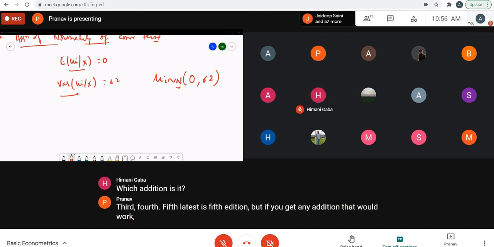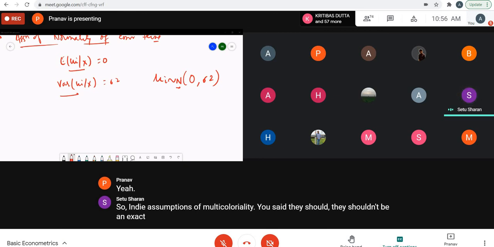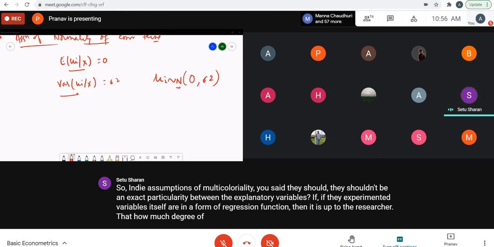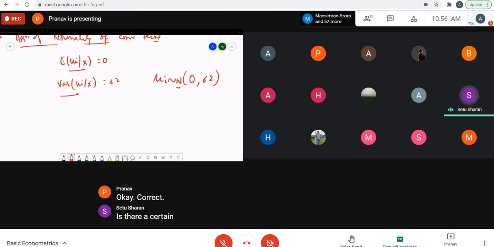Thank you, sir. Sir, in the assumptions of multicollinearity, you said there shouldn't be an exact multicollinearity between the explanatory variables. If the explanatory variables are in the form of a regression function, then it is up to the researcher how much degree of correlation is allowed, or is there a certain cutoff? Correct. Is there a certain cutoff, sir, or there is no cutoff there?